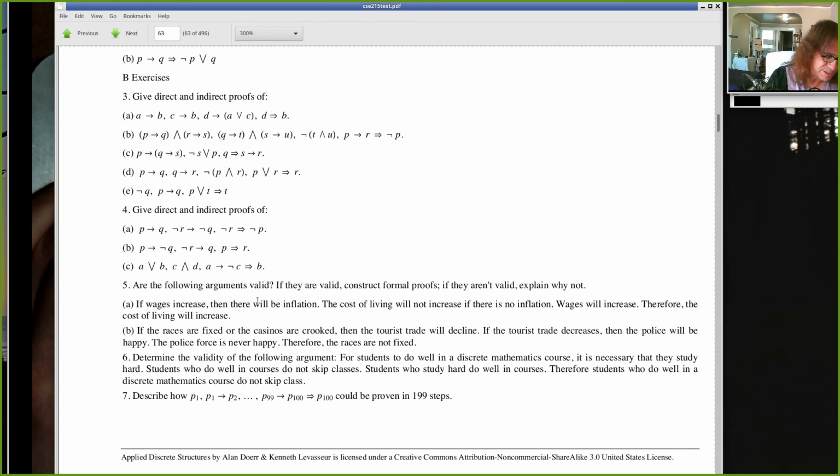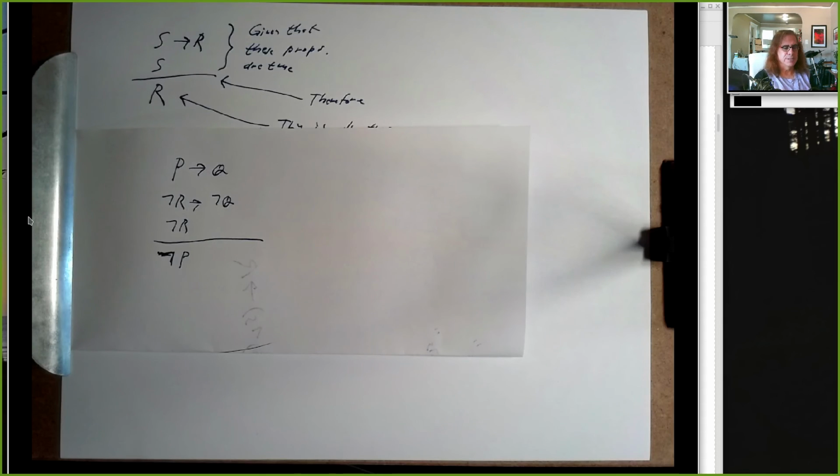Part B says if not R then not Q. The third part says not R. And the claim is from all of that we can conclude not P. So we could write that symbolically like this.